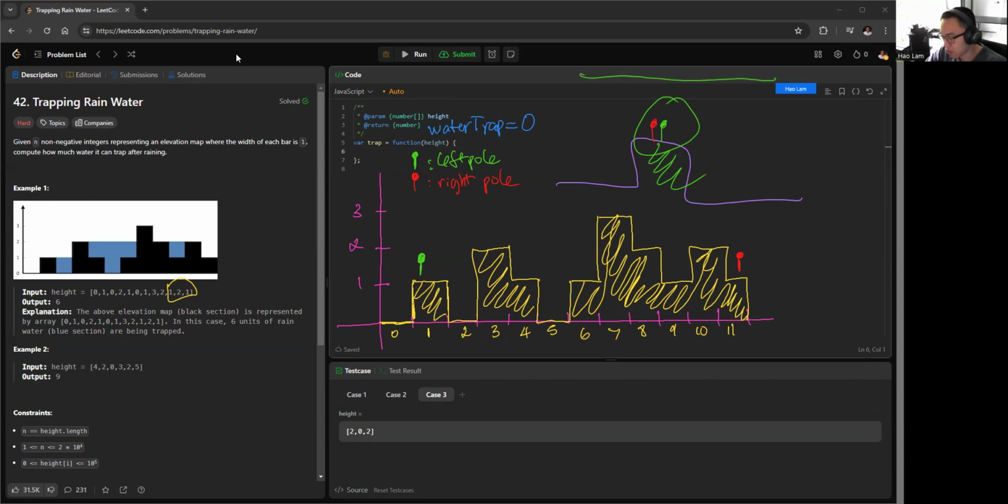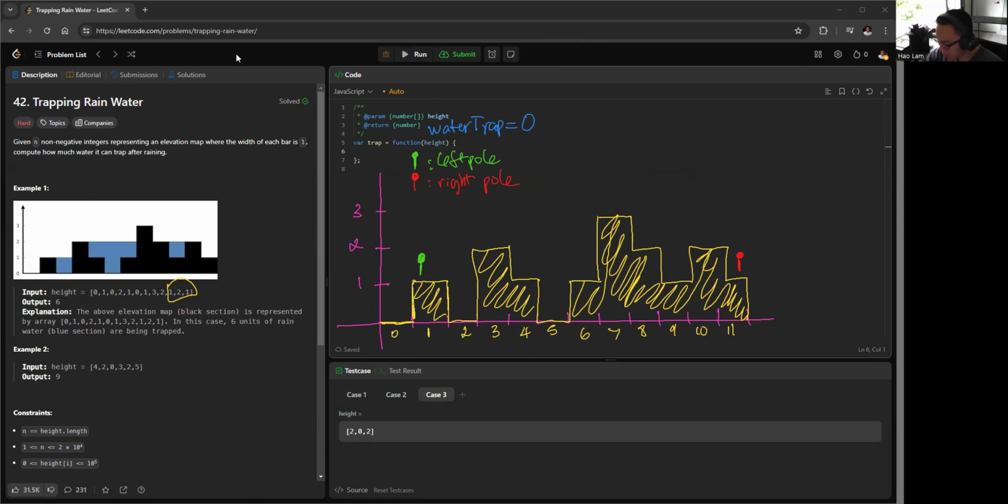Or if there is no pole at all, the left and the right pole will be out of bound. So that is our three conditions: if the left pole or the right pole is out of bound, or if they equal each other, we can just go ahead and return 0 because there couldn't be any water trap.